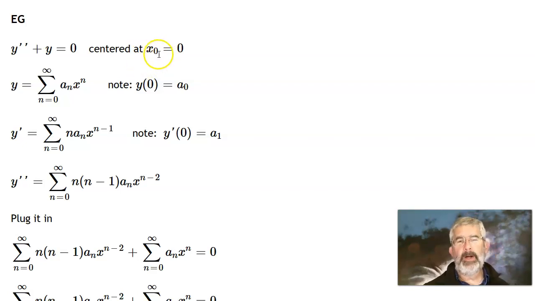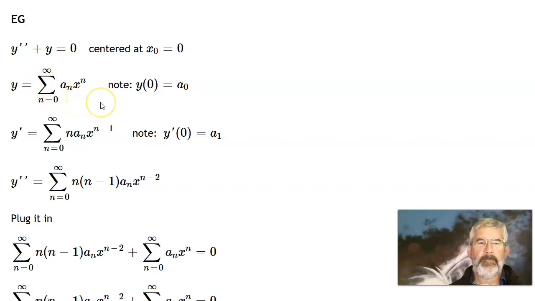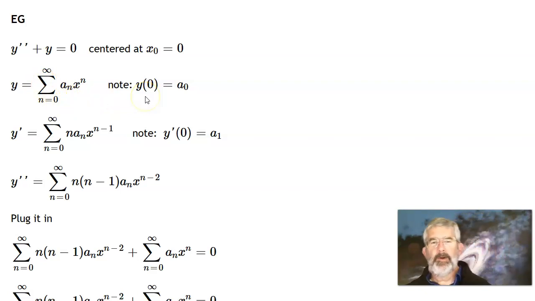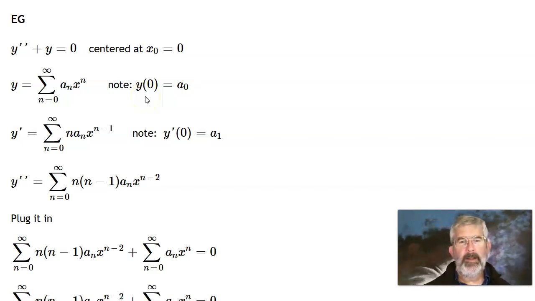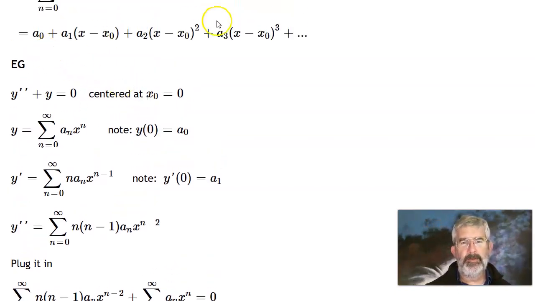So I'm going to do a power series centered at 0. So that would be y equals the sum from n equals 0 to infinity of a_n x to the n. And one thing to notice here, and this is where I kind of like this version of it, is that if I plug a 0 in for x here, all of these terms are 0 except the first one, right?